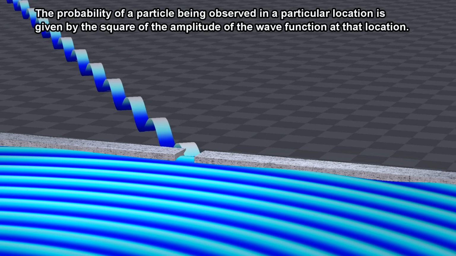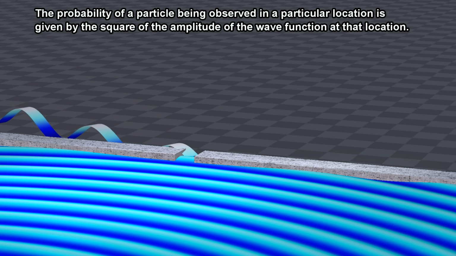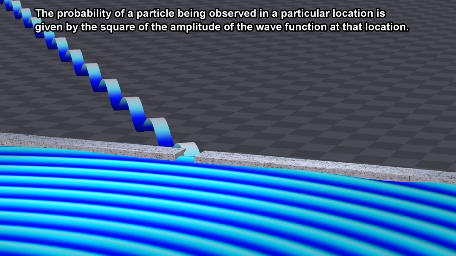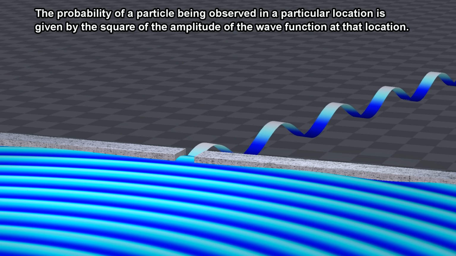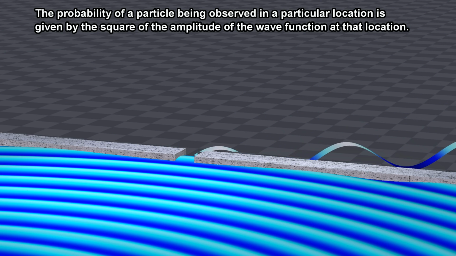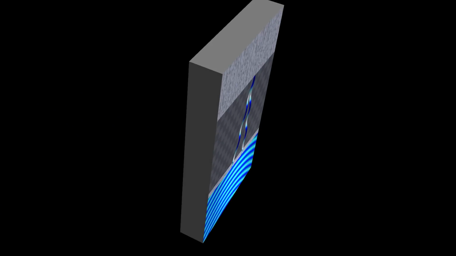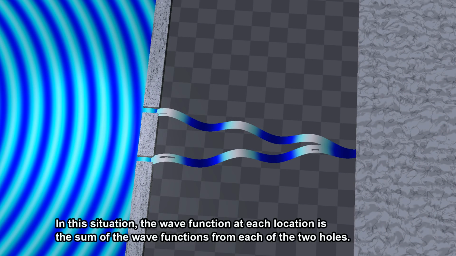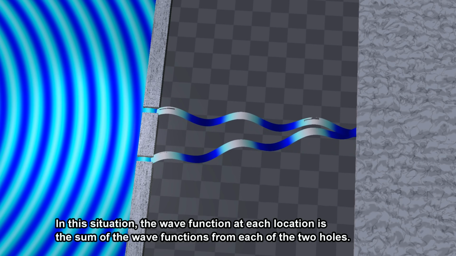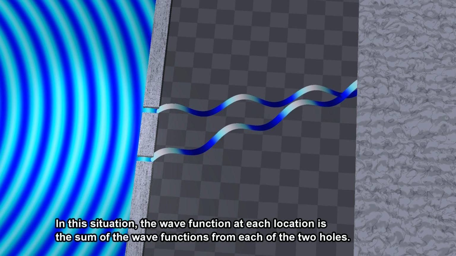The probability of a particle being observed in a particular location is given by the square of the amplitude of the wave function at that location. In this situation, the wave function at each location is the sum of the wave functions from each of the two holes.